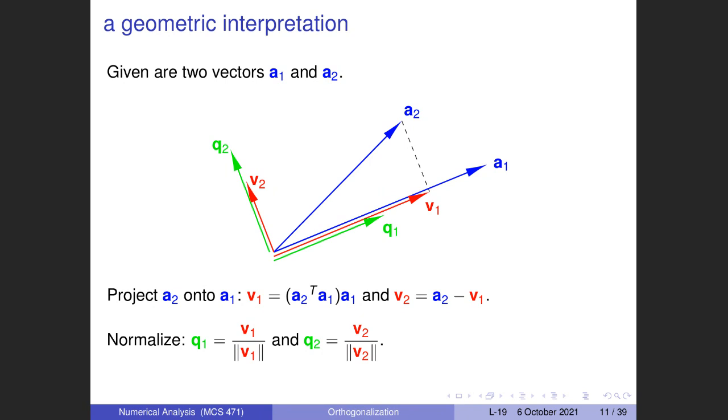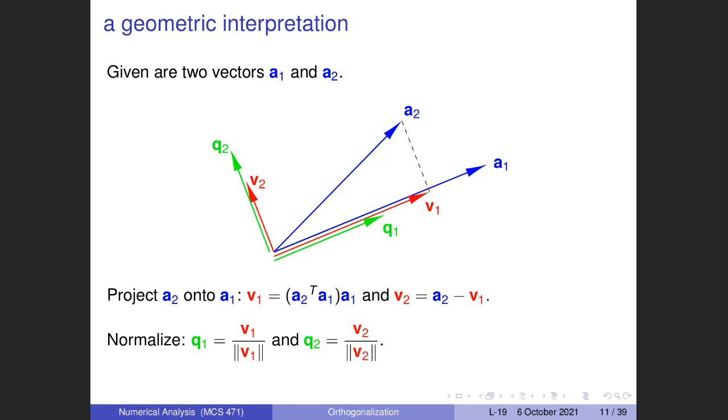So the key operation to do this is to compute the projection of the second vector onto the first vector. So that's this vector v1, the first red vector, and then we subtract the projection to obtain the orthogonal complement. It's the complement to A1 of A2 in the perpendicular direction to A1.